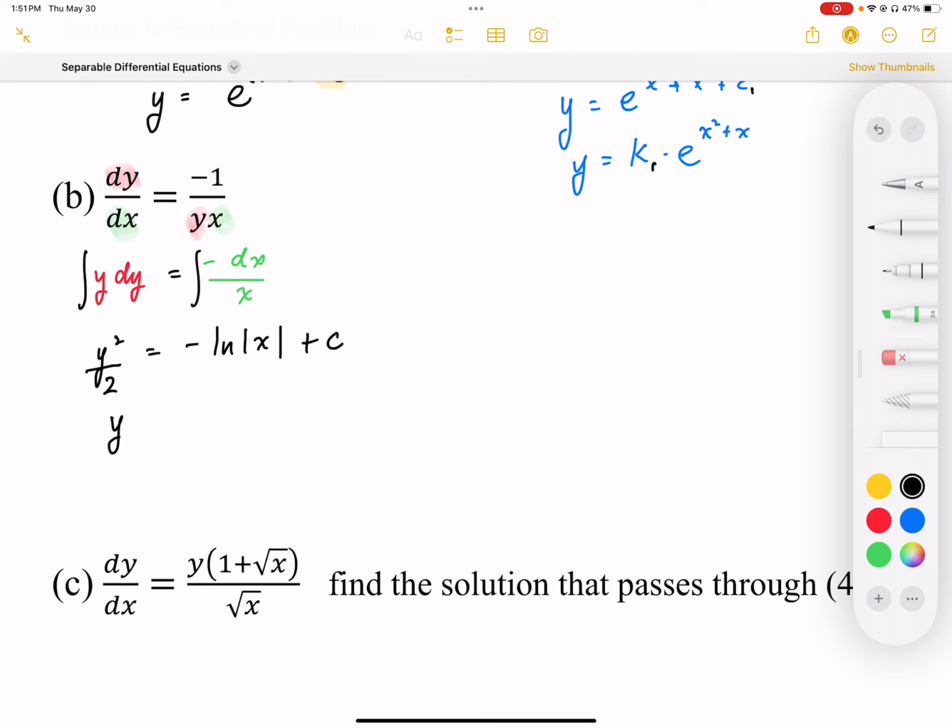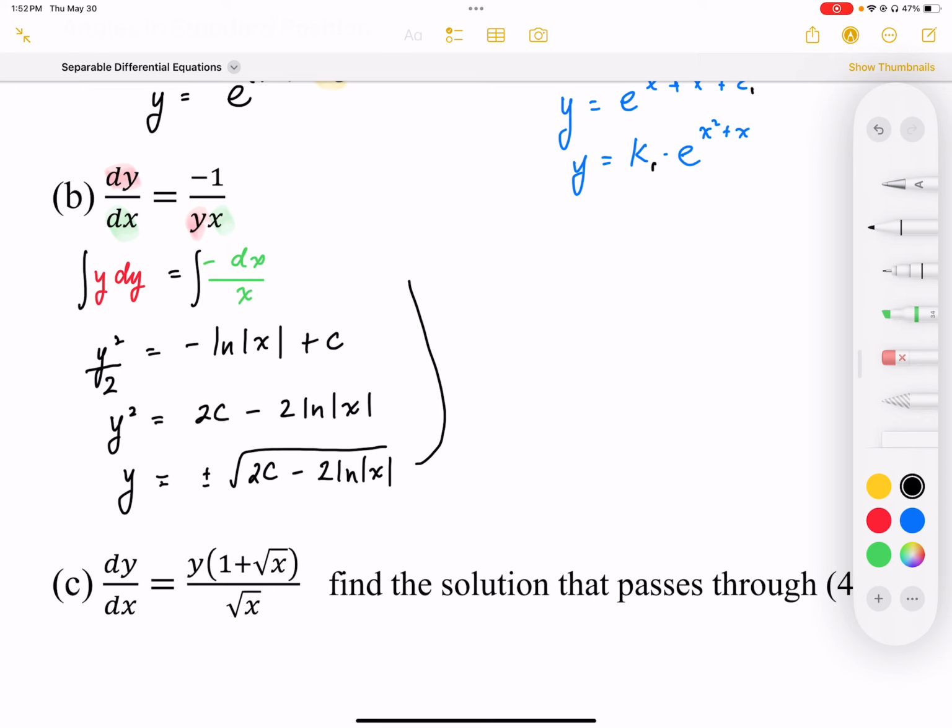So then solving for y, we get y squared is equal to 2c minus 2 log x. Okay, so y equals plus minus the square root of 2c minus 2 log x.